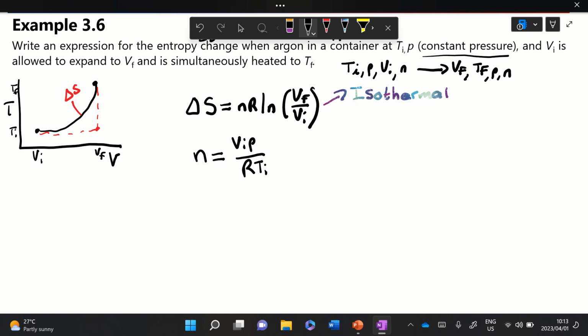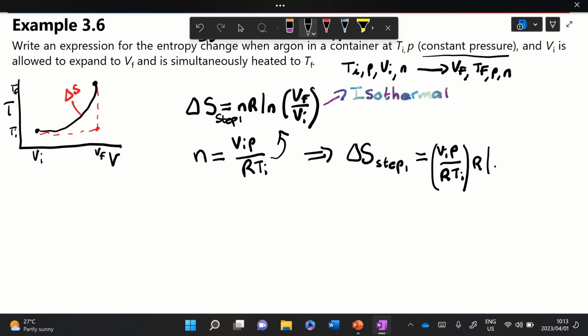Substituting this into that, and calling this step 1, delta S is then equal to Vi P over R Ti times R ln Vf over Vi.